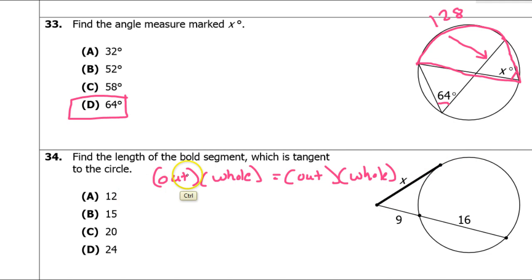So the outer part is X. The whole thing is also X. Just use it both times. Now look at the other segment. The outside part is 9. And the whole thing is the sum, so that's 25.